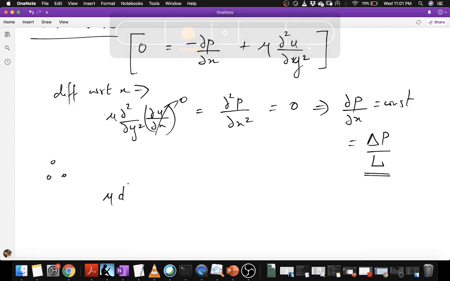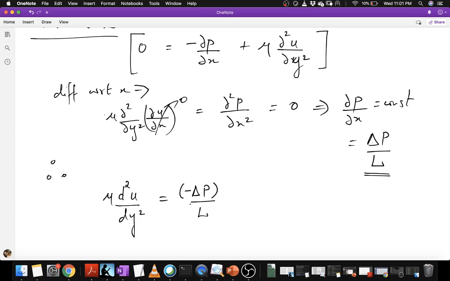I can now use the total derivative because this velocity is only a function of y. d²u/dy² is equal to delta p over L, and I'm going to keep the minus sign inside because I have defined delta p as p in minus p out.